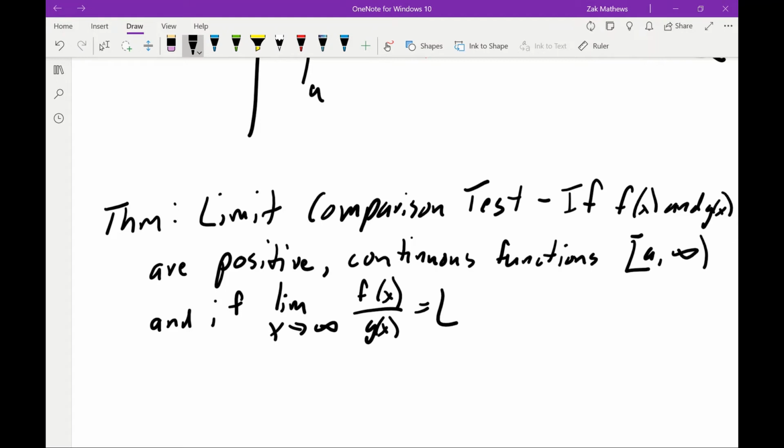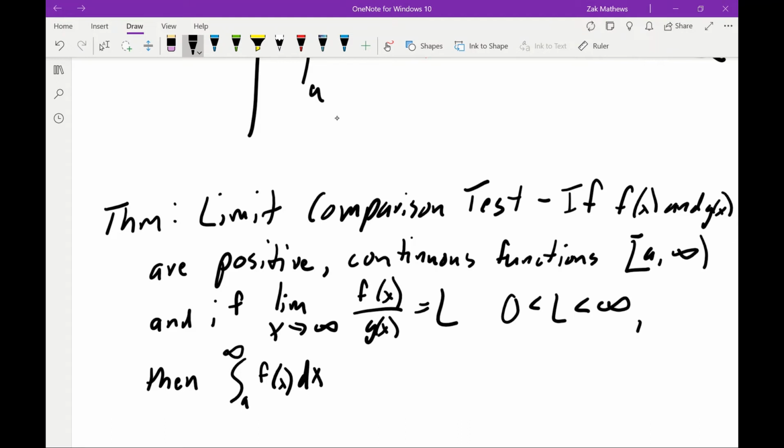If it's equal to some limit value L, and that L is between 0 and infinity, then the integral of f of x from a to infinity and the integral of g of x from a to infinity both converge or both diverge.